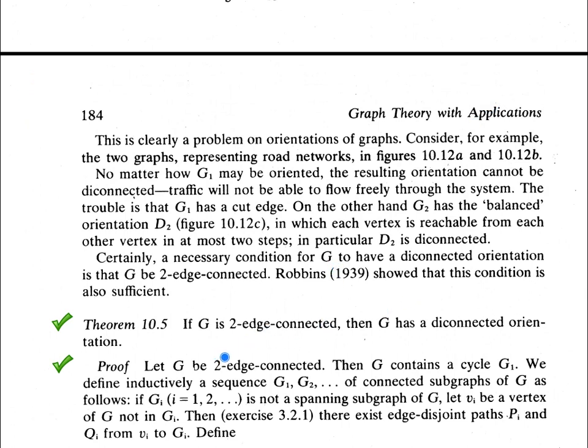Okay, the theorem is this. If G is two-edge connected, then G has a di-connected orientation. Two-edge connected means you need to delete at least two edges if you want to disconnect the graph.